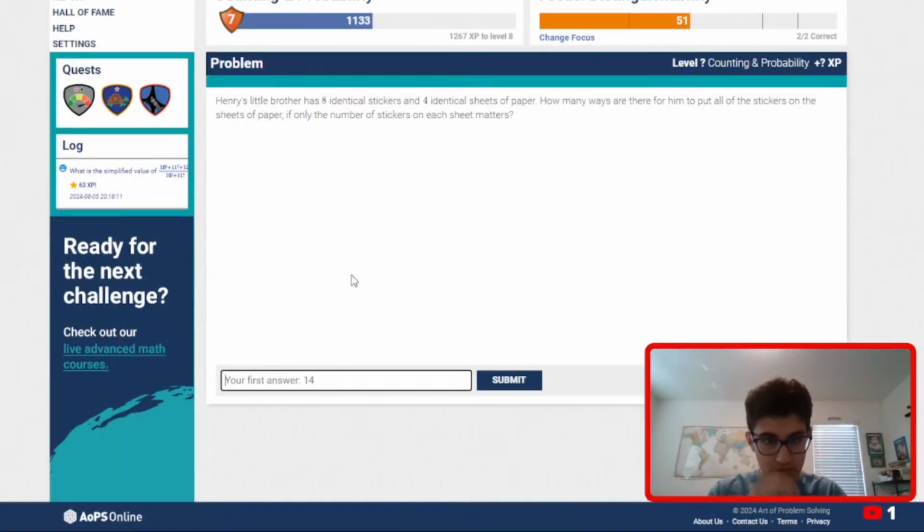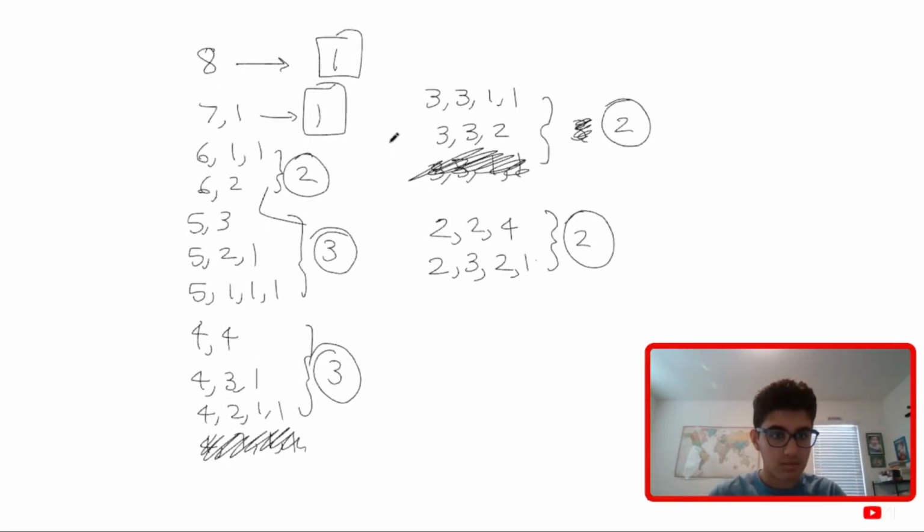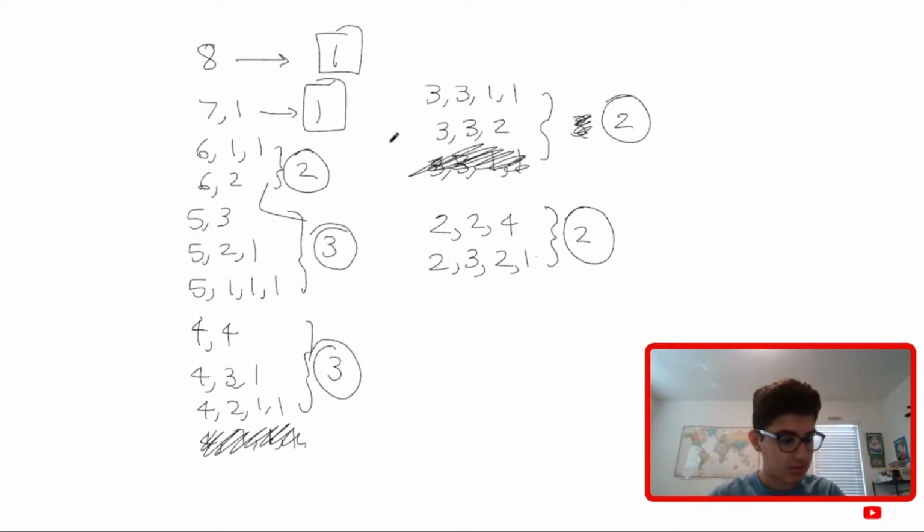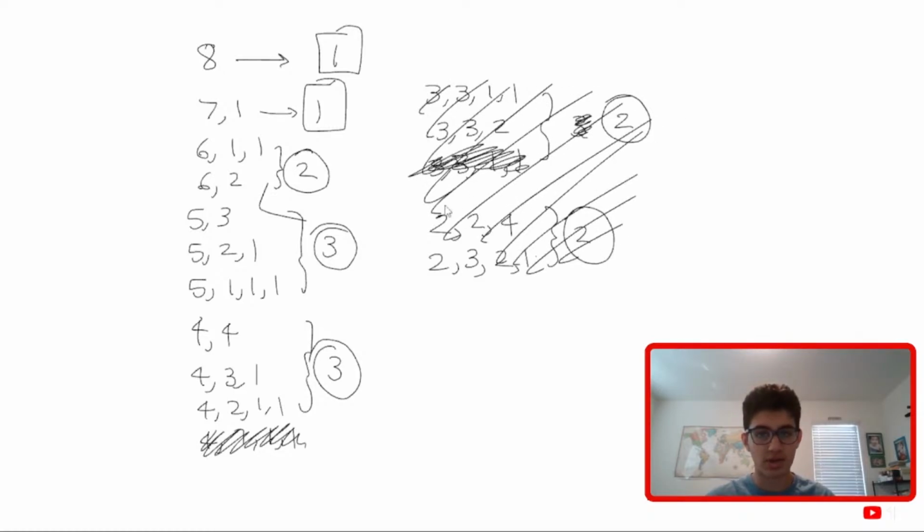So 1 2 3 4 5 6. So, you know what? We should probably leave these and just be more comprehensive on the left. That's probably better.